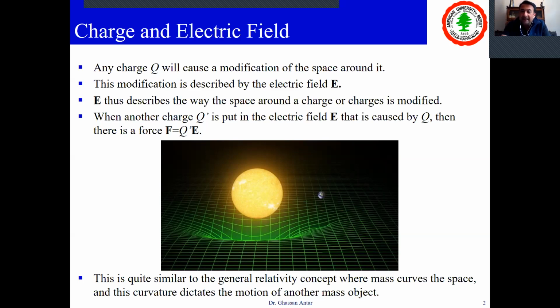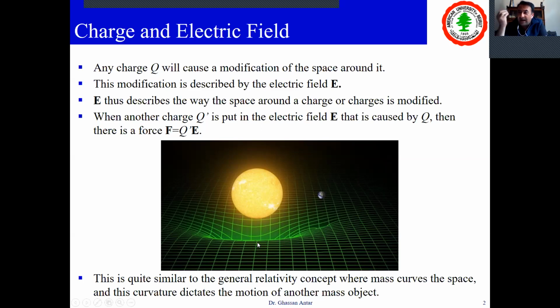I don't know if you have some notion of what we call general relativity. In general relativity, we have a very similar concept: if you have an object with mass m, then this object will modify the space around it, which is represented in this picture on the slide. You see this is Earth, and it has a small dip because it has small mass, so it modifies the space slightly around it, and this is the sun, and it modifies the space around it more.